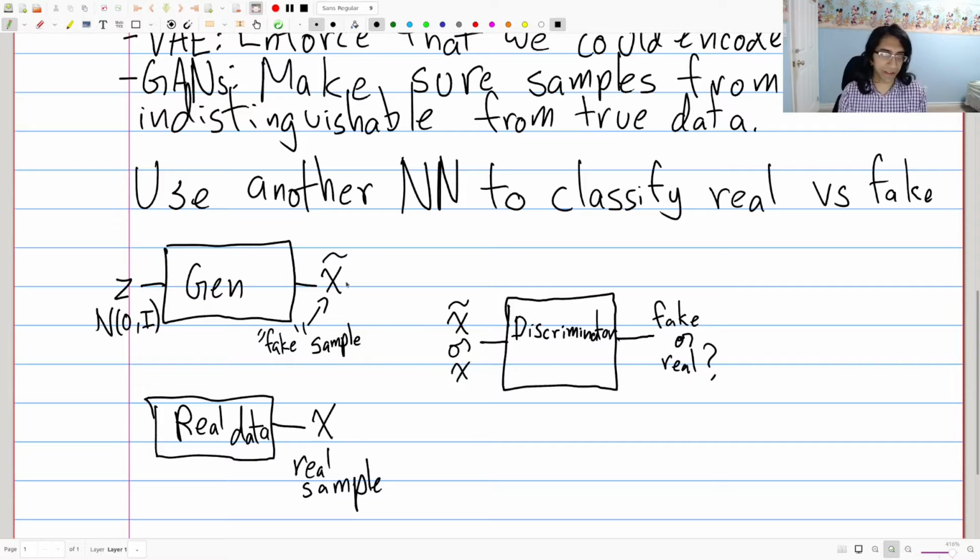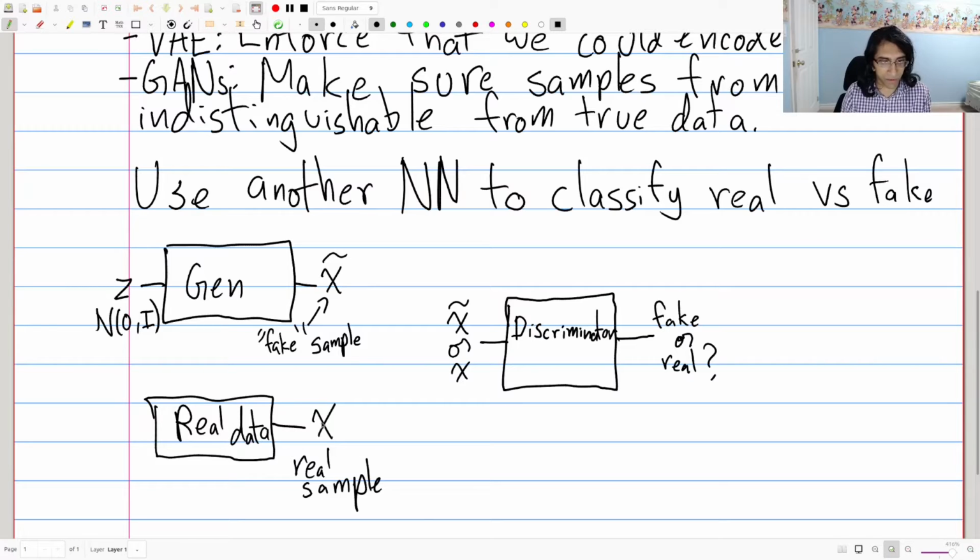So the discriminator is going to be a type of neural network or some sort of network that, given one of these x tildes, one of these fake samples, generated according to this procedure, the goal is for it to say fake. It's trying to correctly classify those as being generated via this process.